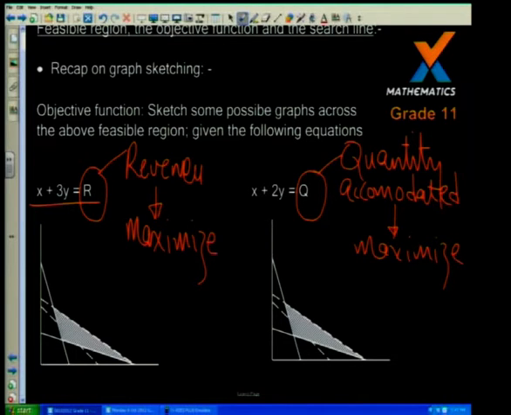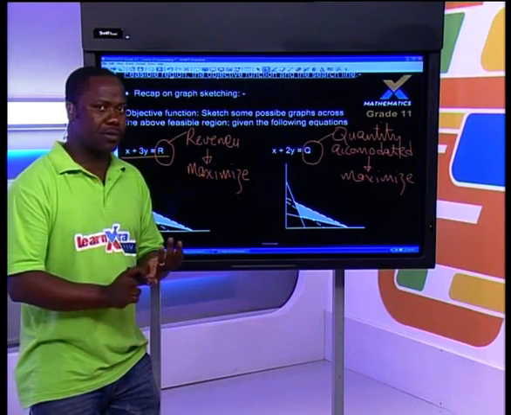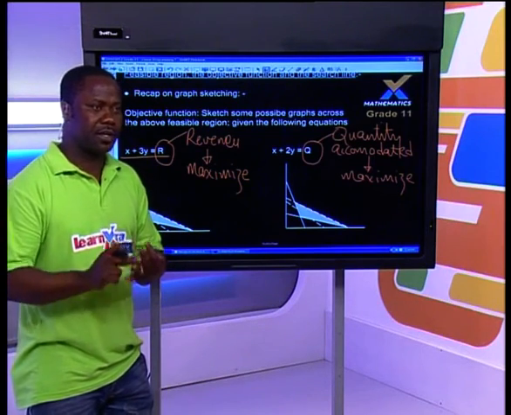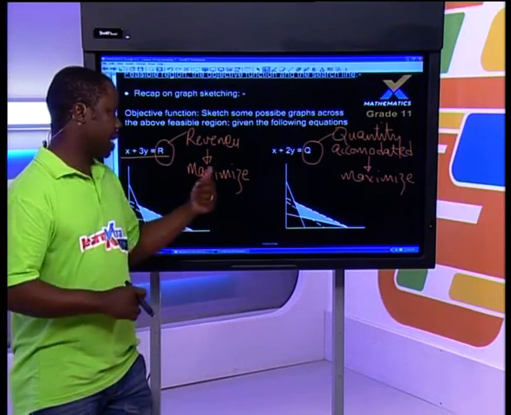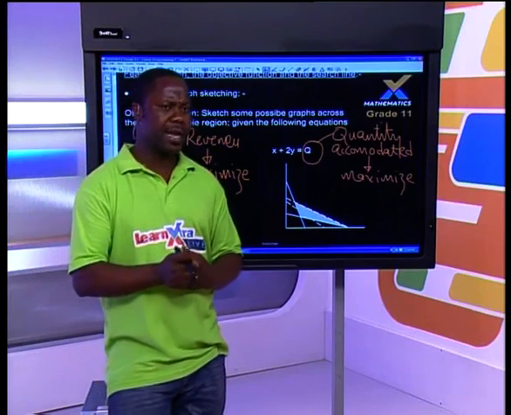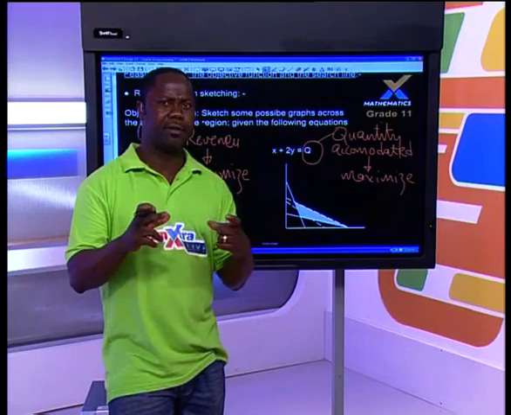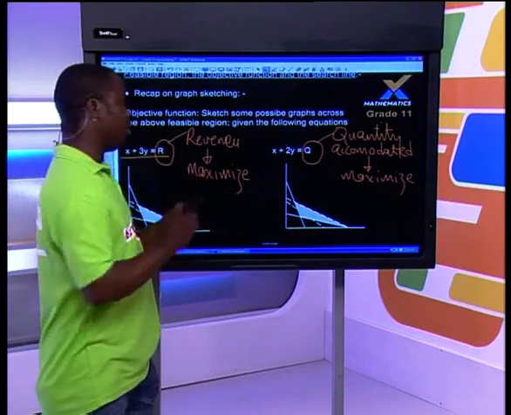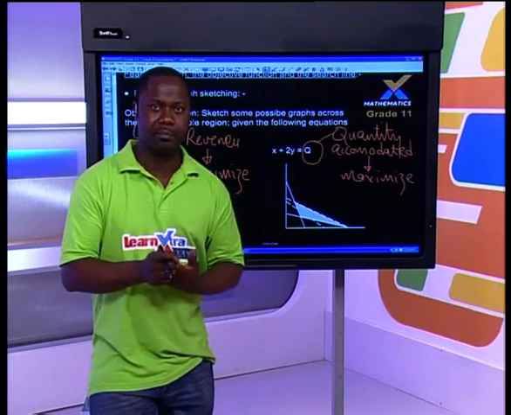Now notice that of the objective functions that I gave you, four of them, one was about cost, one was about profit, and then this one is quantity accommodated and revenue. So three of them you had to maximize. And I said, when you look at the objective function itself, your constant term represents your y-intercept.